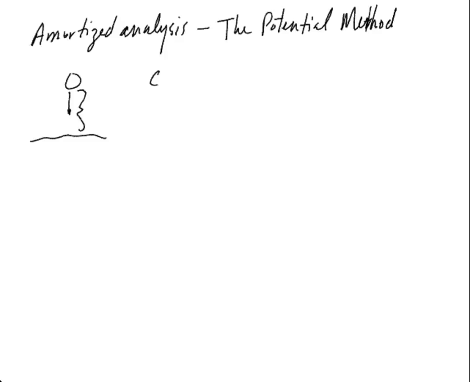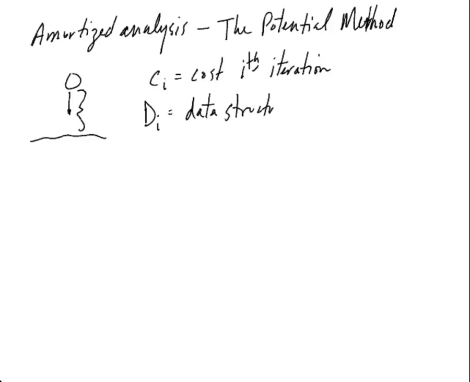So we have C sub I, which is going to be the cost of the ith operation of some function. And we're going to represent capital D sub I as the data structure after applying the ith operation.